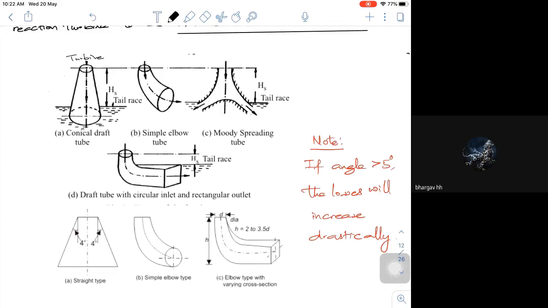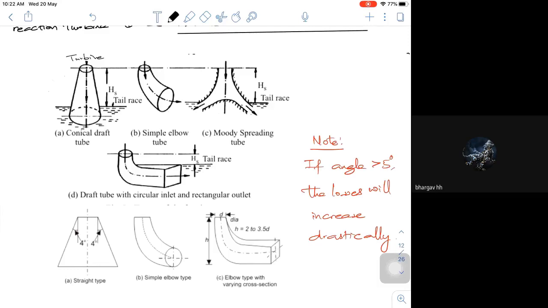So the circular part will butt against the turbine exit, and the rectangular outlet, the majority of that portion, is completely submerged in the tail race. When I have this kind of condition, we go for it.